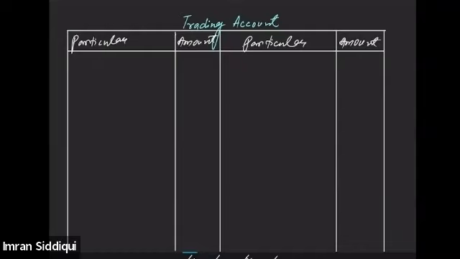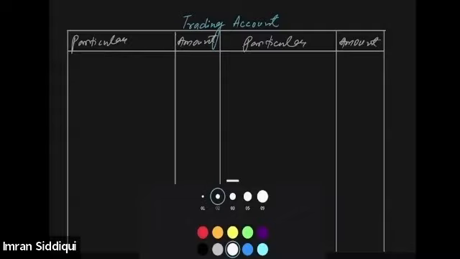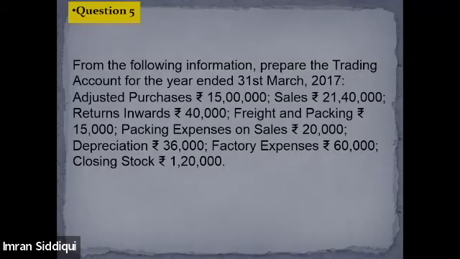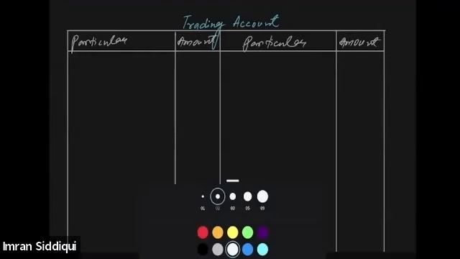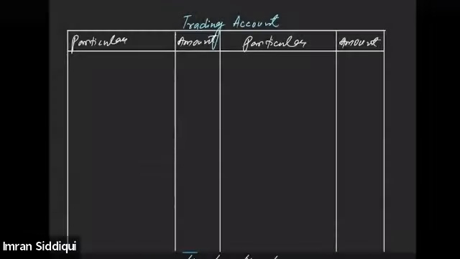Okay, so let me solve this question for you, and I'll give you the next question to try. Firstly, the question gives us the information about the adjusted purchases, right? We are preparing the trading account for the year ending 2016-17.